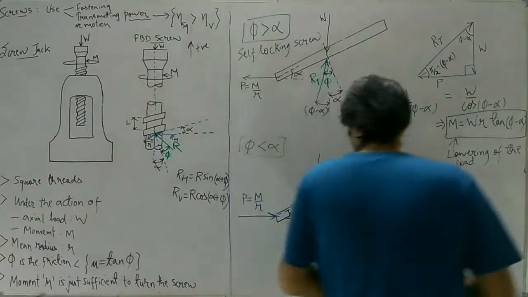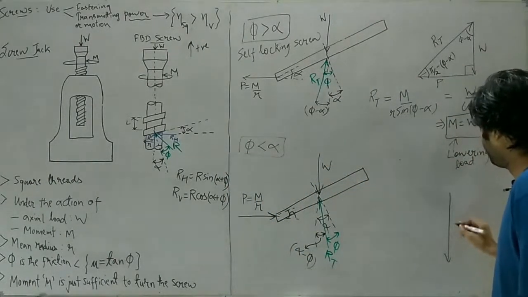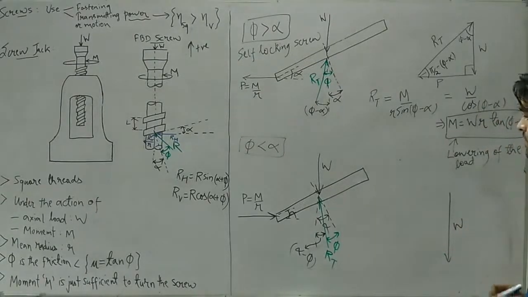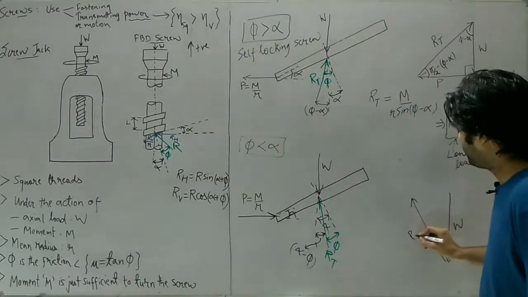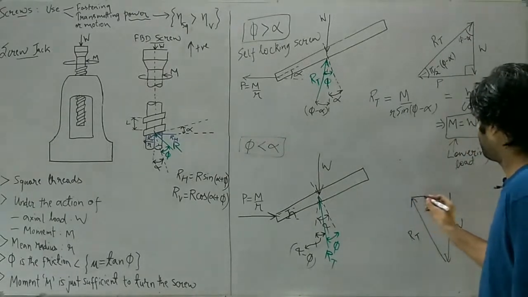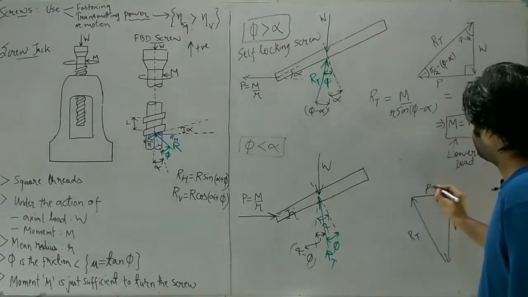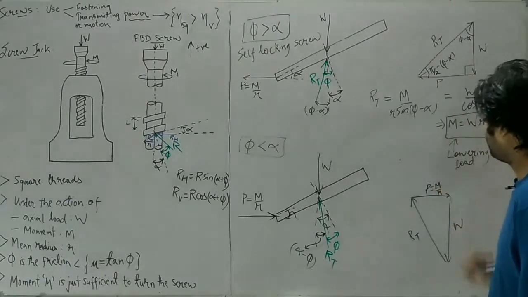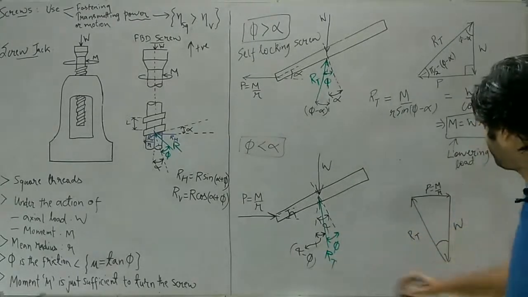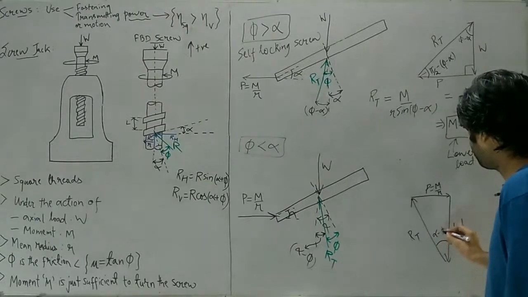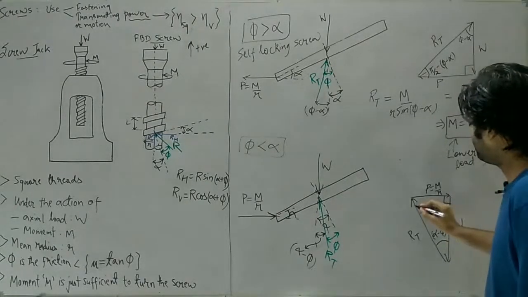Okay, right, now we can draw these forces. So W will be acting downwards like this. Okay, RT is acting like this, and this will be P, which is nothing but M by r. So we know that RT makes an angle alpha minus phi with the vertical. This is 90 degrees.